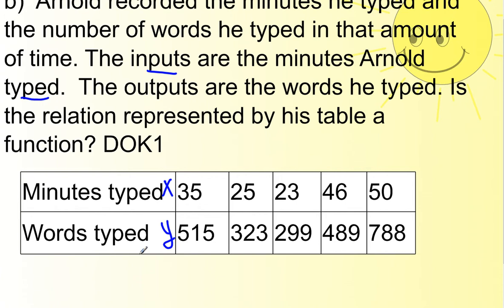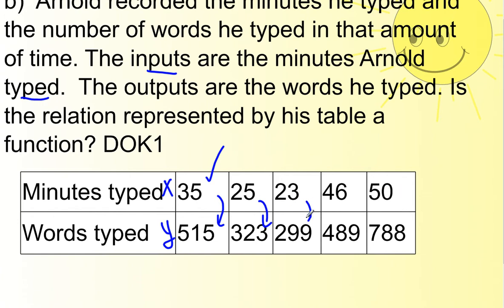So if this table is a function, then each input has exactly one output. So let's see, 35 goes to 515. Does 35 go to anything else? No. We're good. So check. 25 goes to 232. Does 25 go to any other number?